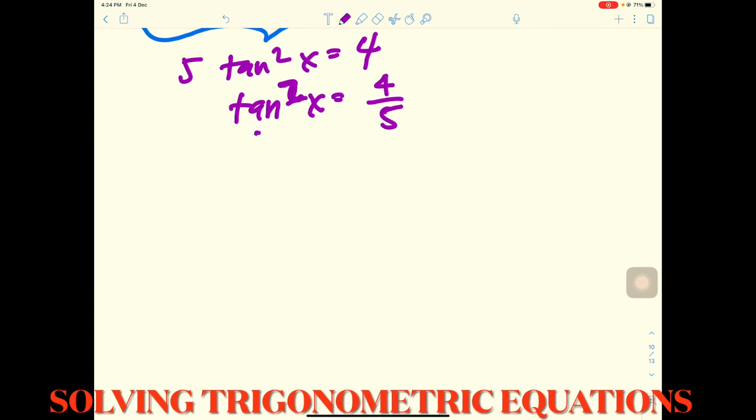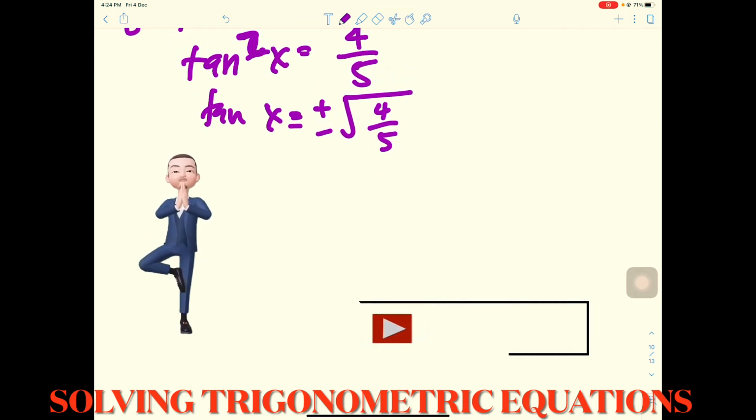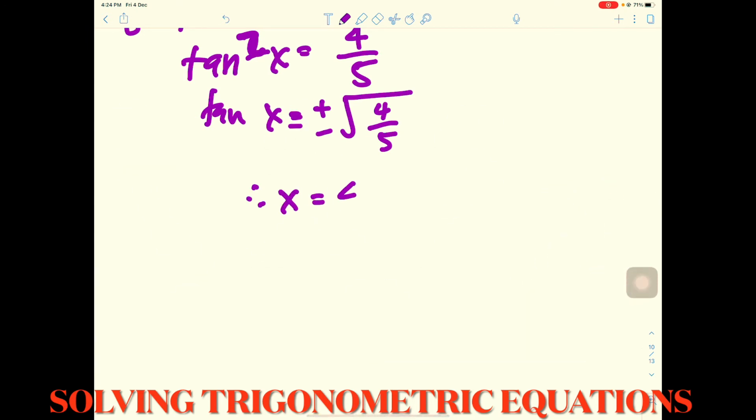So tan x equals the square root of 4 over 5, and there must be positive and negative. Ignoring the sign, angle x equals 41.81 degree. So for angle 41.81 degree, we know there are positive and negative values.